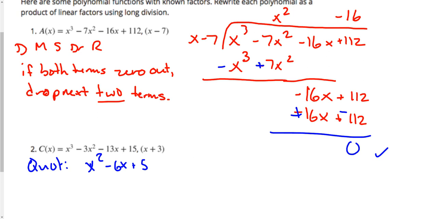Actually, I'm looking at it, and that is in fact correct. So the quotient should be x squared minus 6x plus 5. And you can check that out yourself.